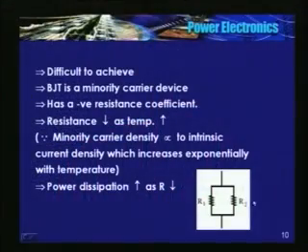Why is it difficult? I will just explain to you. I have connected two resistors in parallel. Assume that one of them has a negative resistance coefficient. Because of a temperature rise, R1 has decreased by a small value, R1 minus delta R1.